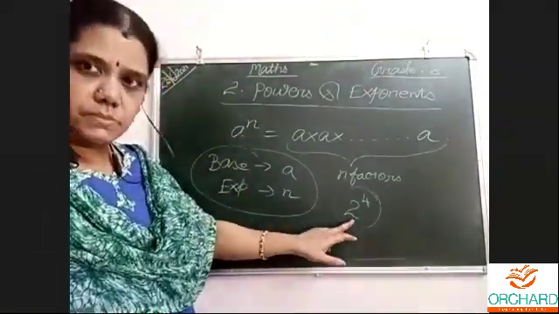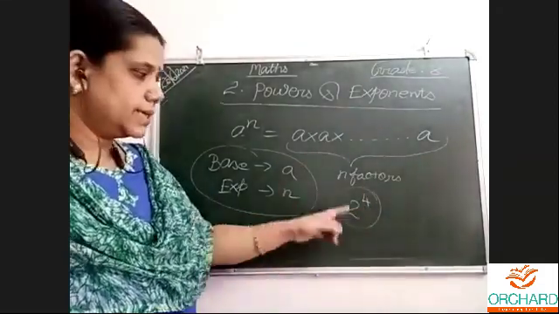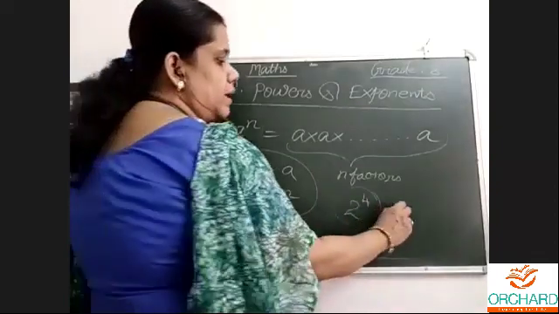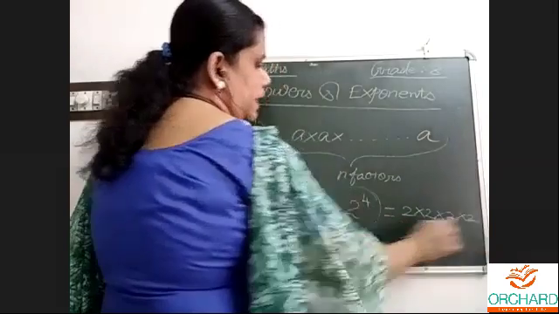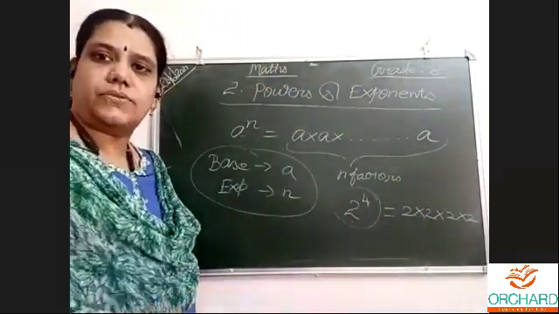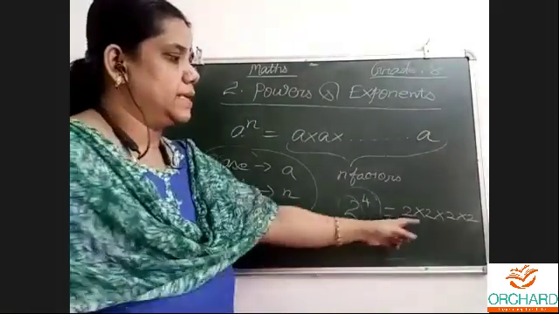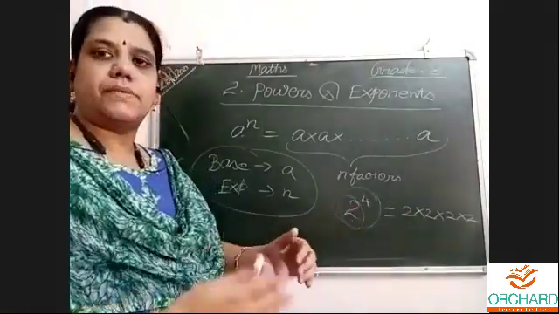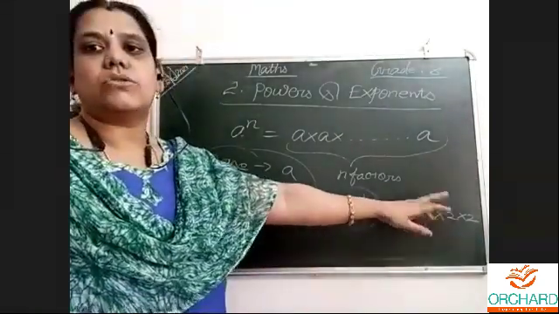So in this case, base is 2, exponent, the power, is 4. It means that this number is repeated 4 times. The base number, don't write 4 into 4 into 4 into 4. The base number should be repeated as many times as the power. So 4 times, 2 into 2 into 2 into 2.